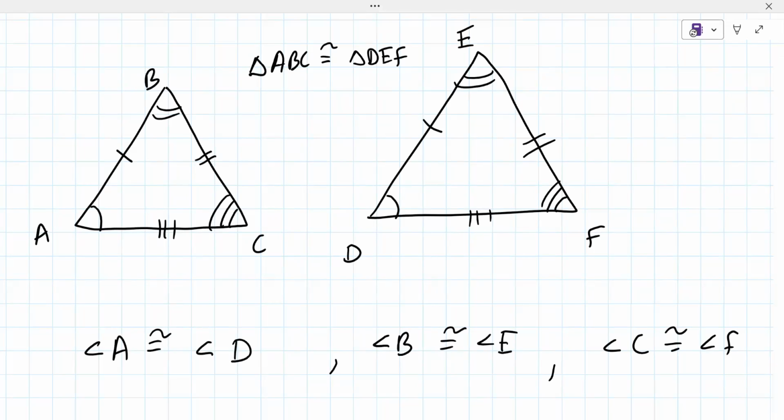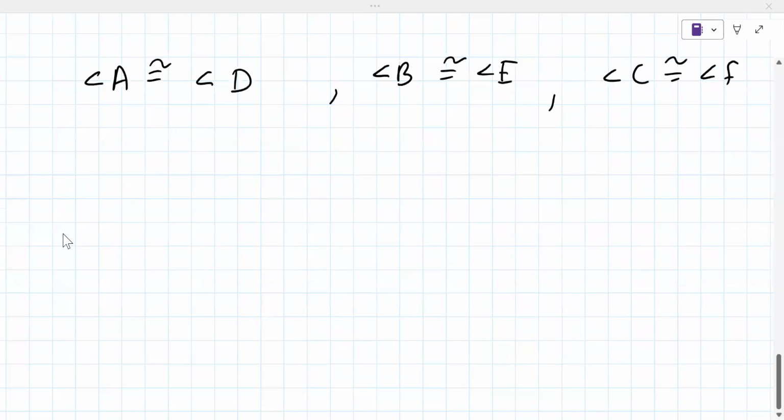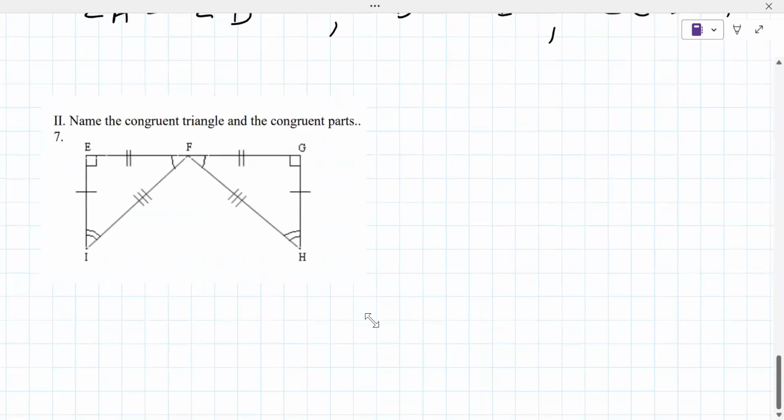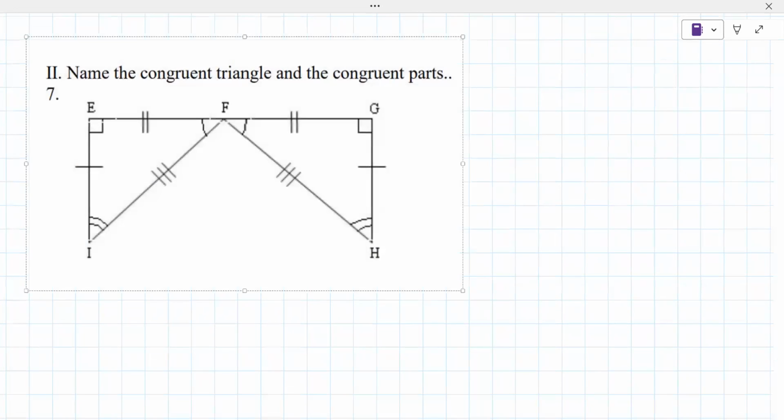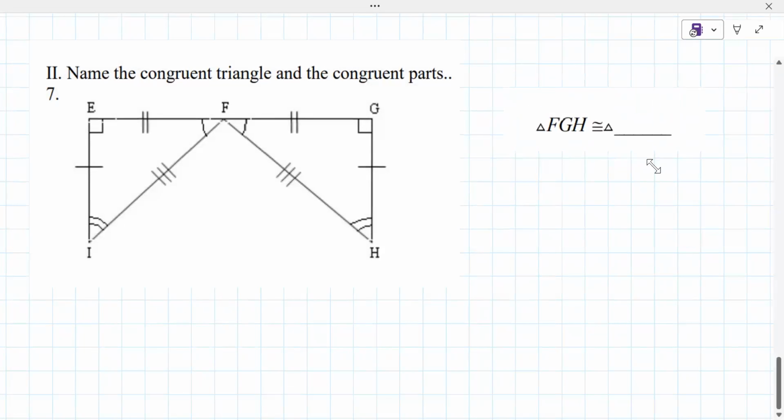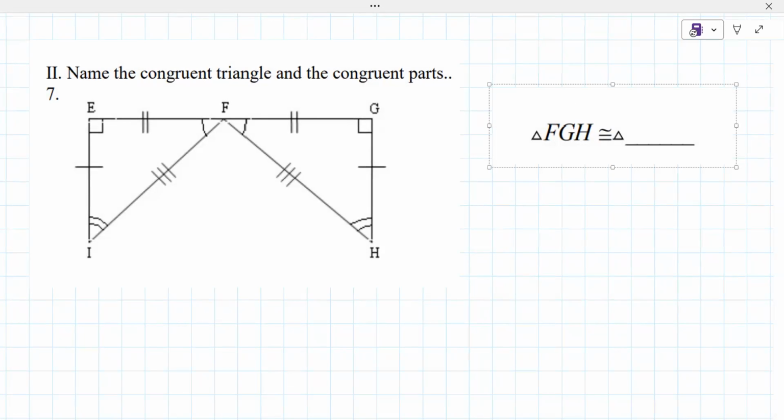We're going to take a look at a new problem and see how far we can get, and maybe we'll switch over to some SAT prep in a moment. So here is your new triangle, and I'm going to give you the congruent statement right here. Take a look at that and tell me what it becomes.